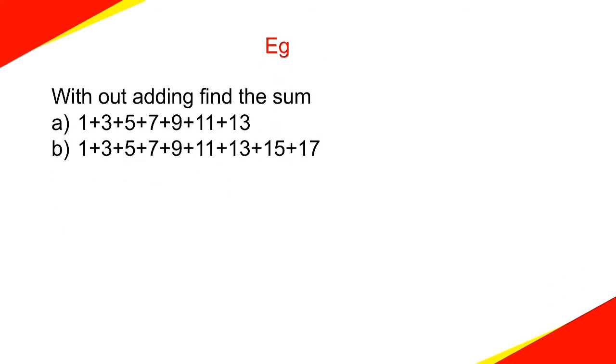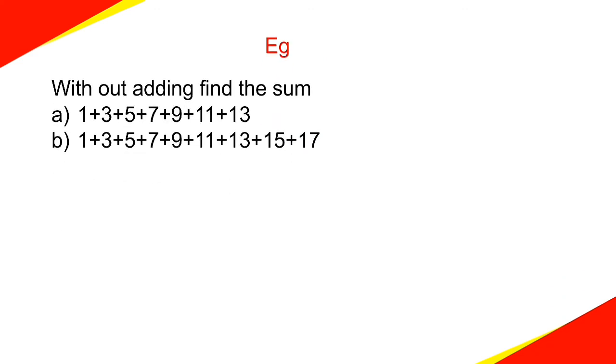Example. Without adding, find the sum. Option A 1 plus 3 plus 5 plus 7 plus 9 plus 11 plus 13. Option B 1 plus 3 plus 5 plus 7 plus 9 plus 11 plus 13 plus 15 plus 17.